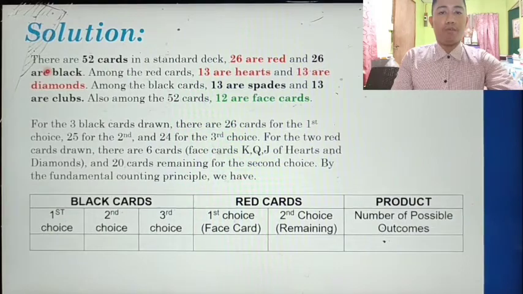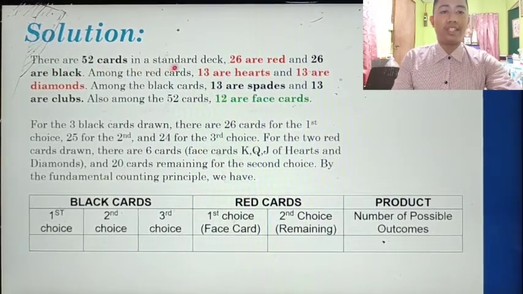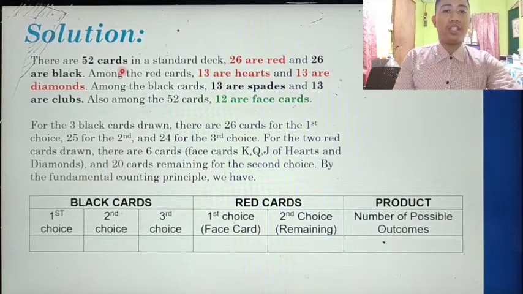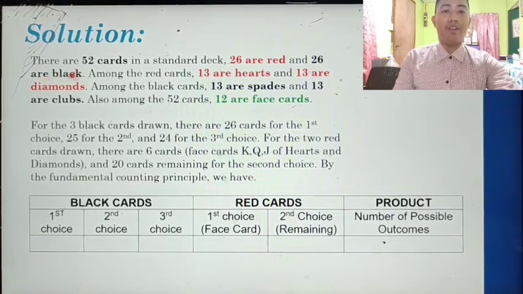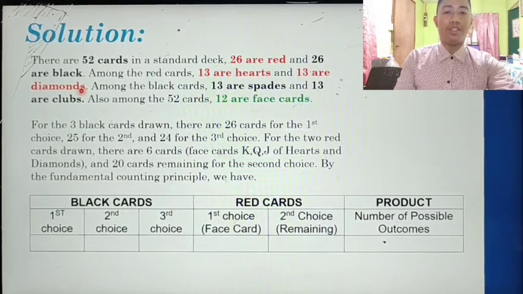We explain that there are 52 cards in a standard deck. These 52 cards are divided into 2 classified by color: 26 are red and 26 are black. Each color is also divided into 2 according to shape. Among the red cards, there are 13 hearts and 13 diamonds.